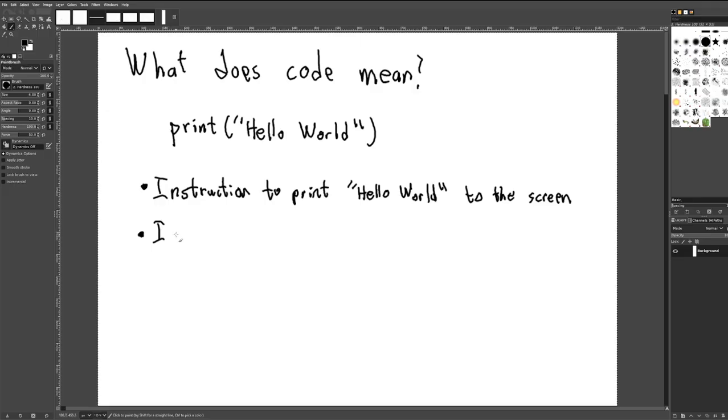It actually creates an executable that's run. So this could be an instruction to generate binary code that prints hello world.